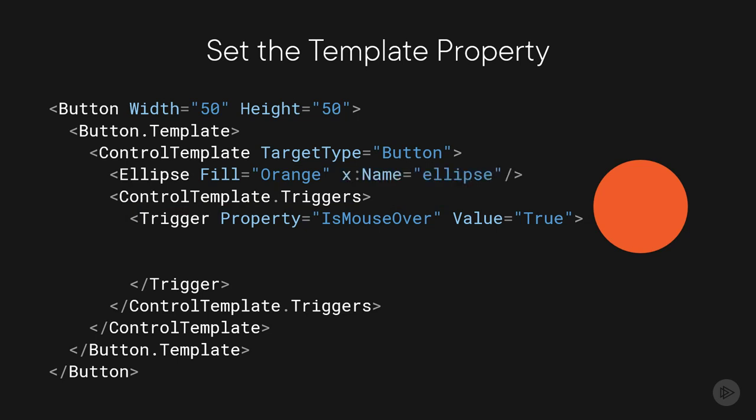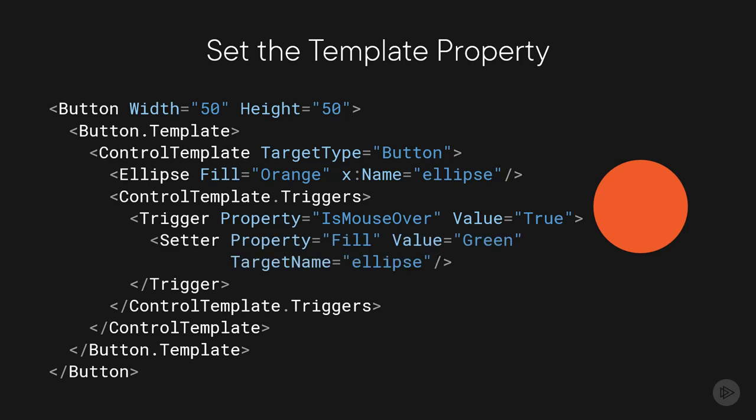To do that, you need to give the ellipse a name with the xName attribute. Then you can create a setter in the trigger that sets the fill property of that ellipse, for example to the value green. This means when you now move the mouse over the button turns green. And when you move the mouse away, it turns orange again.